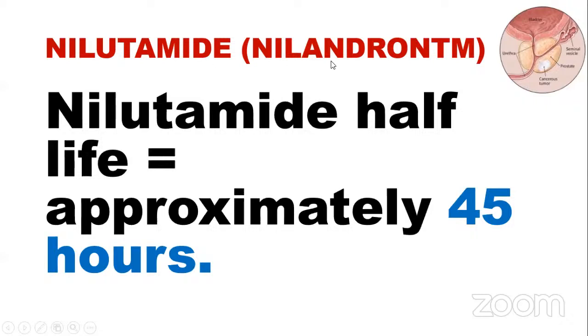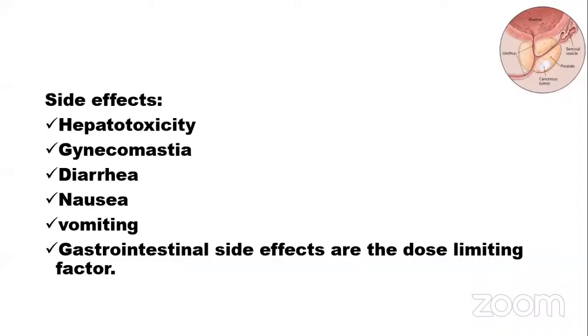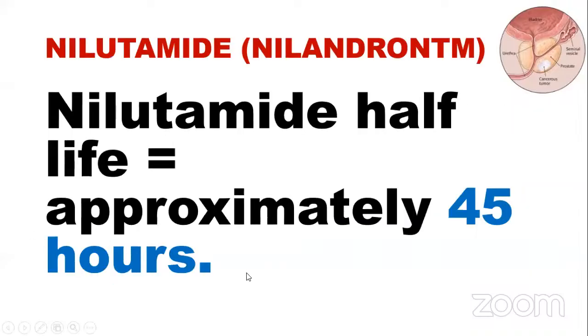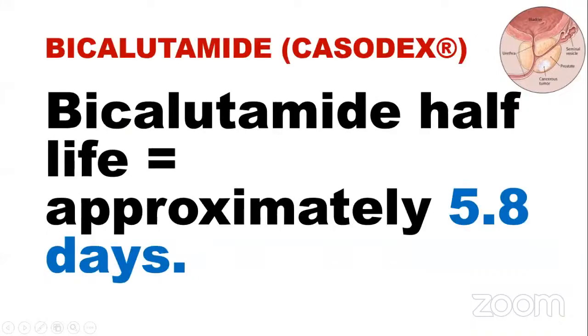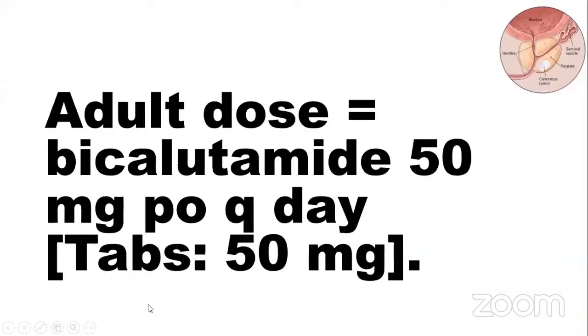Nilutamide, known as Nilandron. Nilutamide half-life is 45 hours, also longer than flutamide, which is only 6 to 8 hours. This is 45 hours compared with bicalutamide, which is 5.8 days.